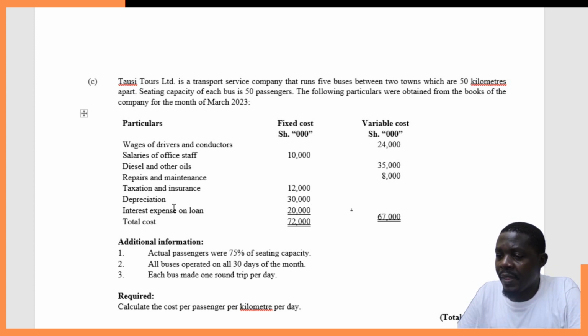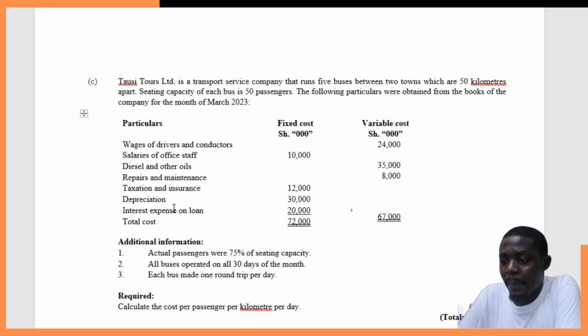Actual passengers are 75% of seating capacity. All buses operate 30 days of the month, and each bus made 1 round trip per day. Calculate the cost per passenger per kilometer per day.